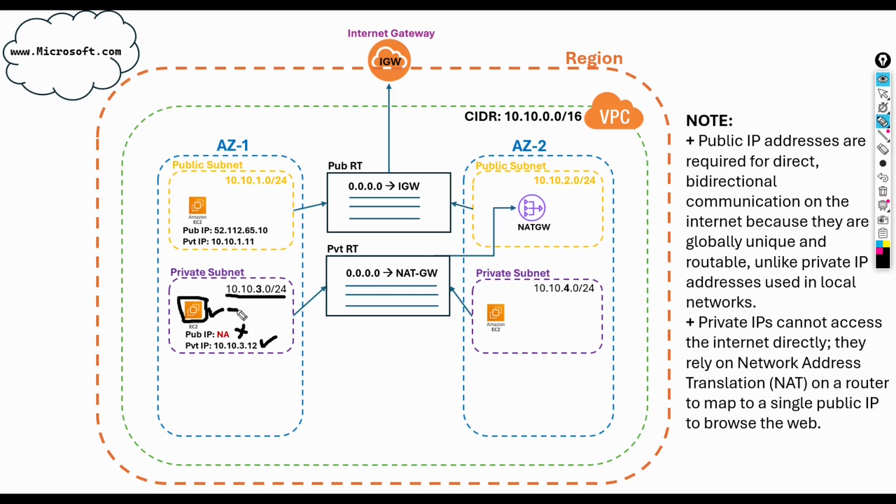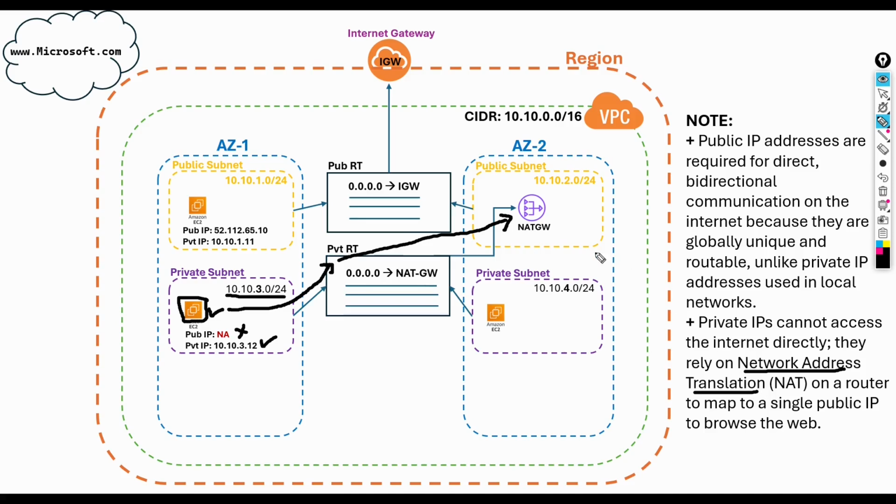The traffic will come to the route table, and it will check for the route, and as we see, this route is towards the NAT gateway. It will go to the NAT gateway. The NAT gateway will act as a router and do the network address translation.